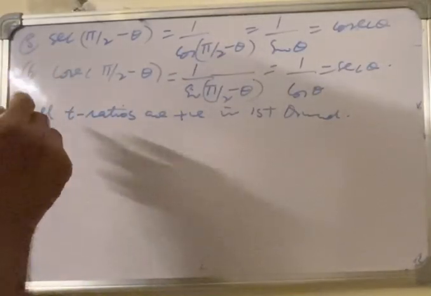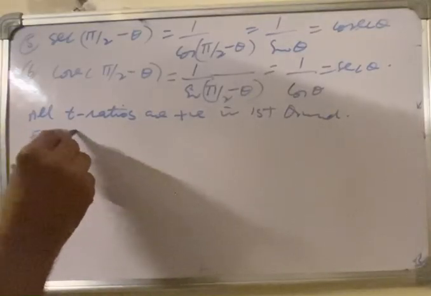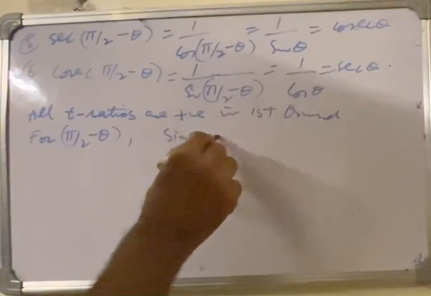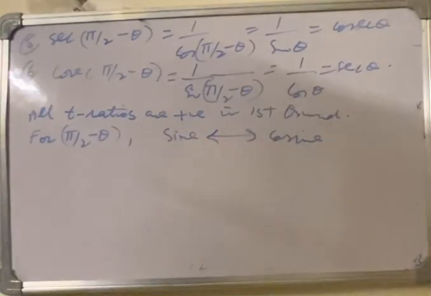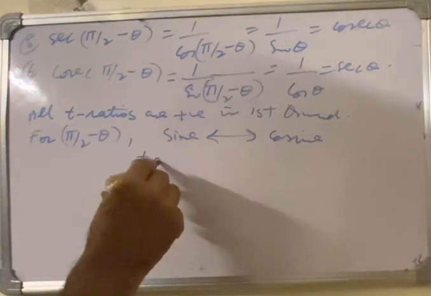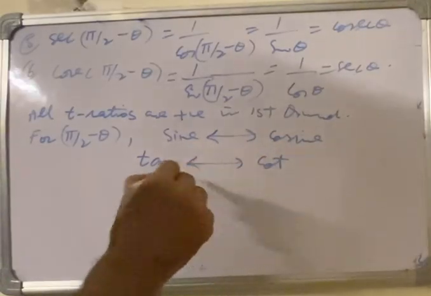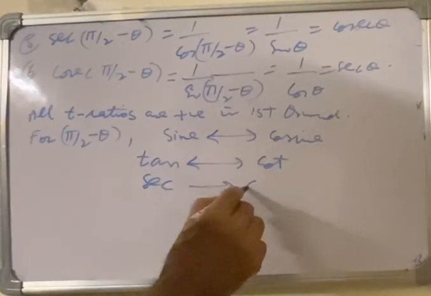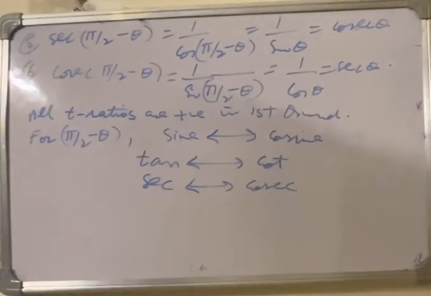And secondly, here for pi by 2 minus theta, sine changes into cosine and cosine changes into sine. Similarly, tan changes into cot and cot changes into tan, vice versa. Secant changes into cosecant and cosec changes into sec.